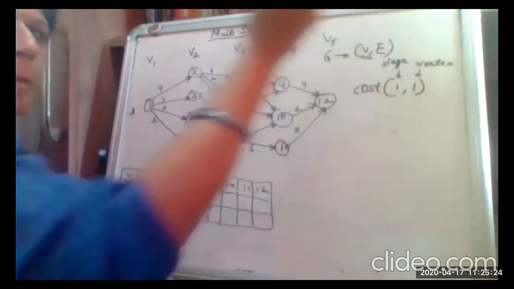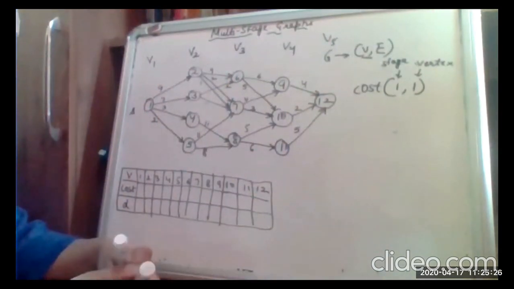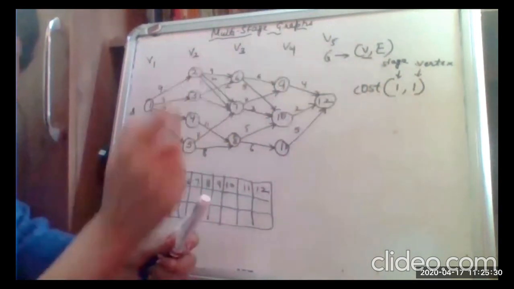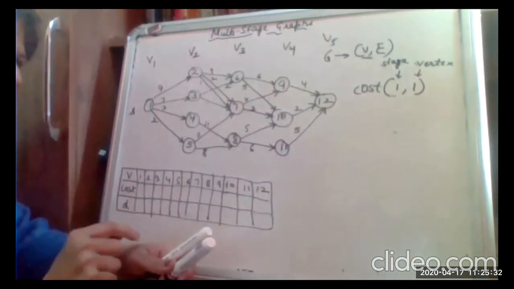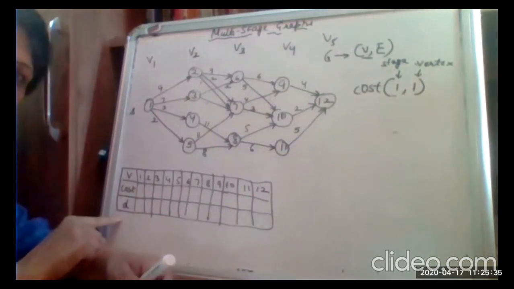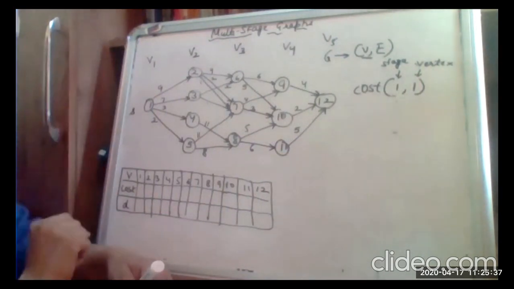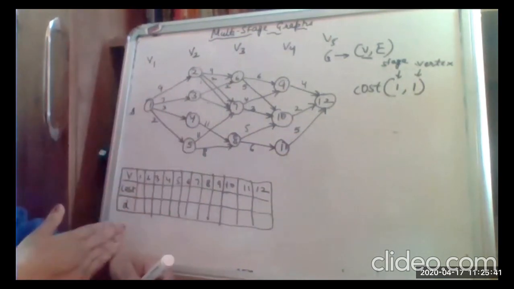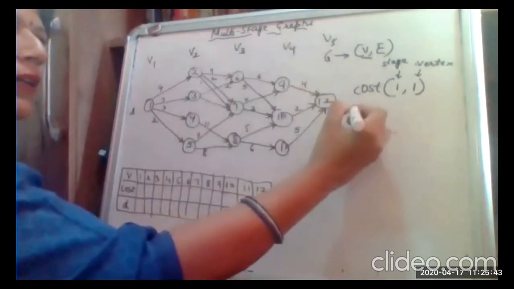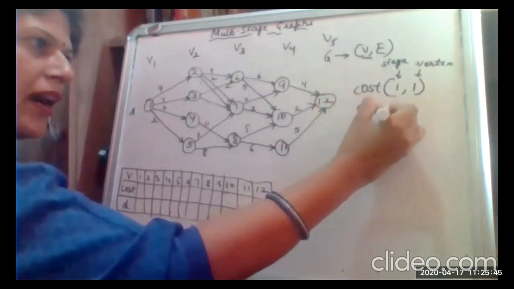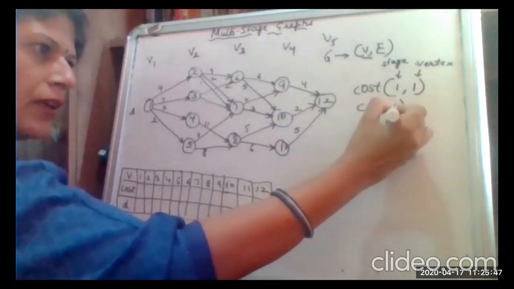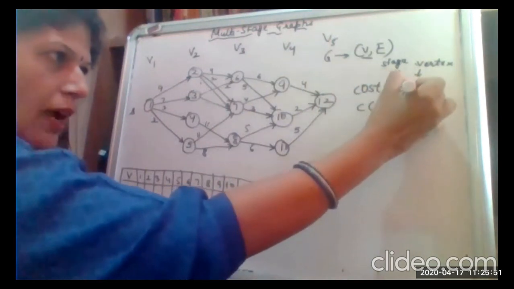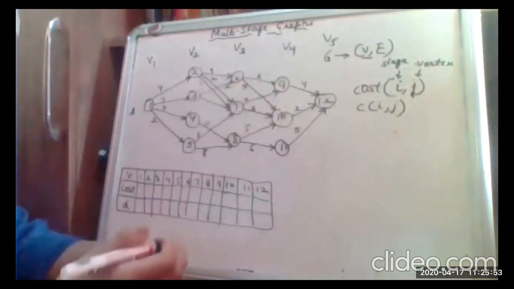So the first one is the stage and then the vertex number. And the other thing here is D. D denotes the particular vertex which helps it reach the next stage. And Cij. So we are going to work with two things, cost(i, j) and C(i, j).